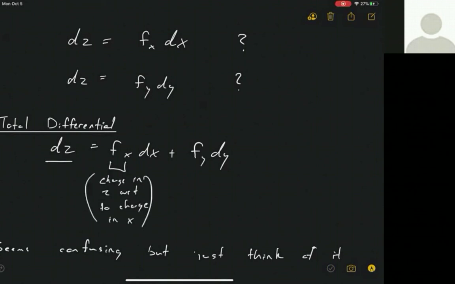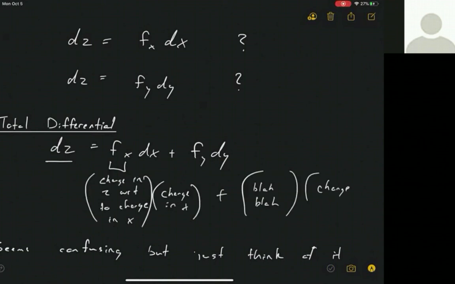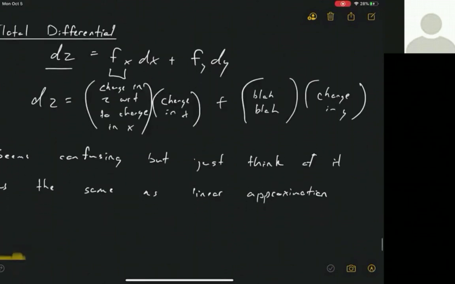Then you're multiplying by change in x. And then you're adding the same thing, but for y. So change in z with respect to change in y, times change in y. And if I add these two changes together, I should get my total change in z. So fairly straightforward idea.